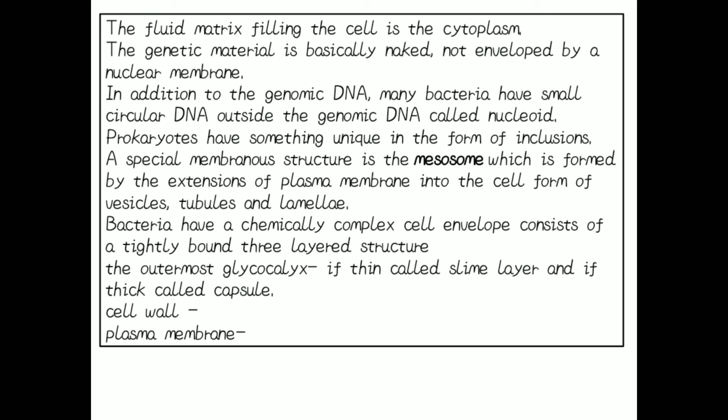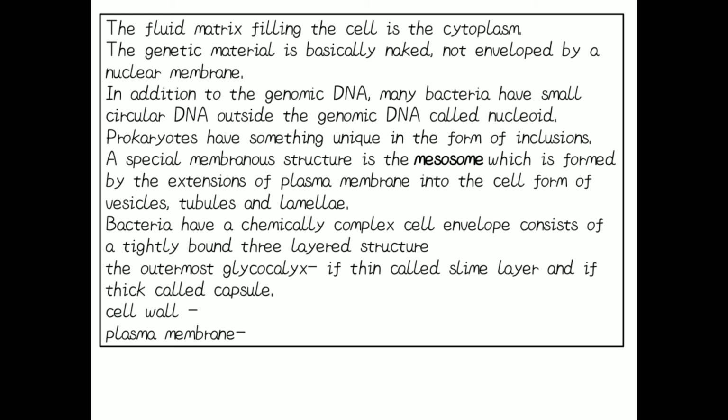Now let us discuss in detail about the prokaryotic cells. The fluid matrix which is present in the cell of the bacteria is also called cytoplasm. The genetic material is freely floating inside the cytoplasm. It is not enveloped or enclosed by the nuclear membrane.